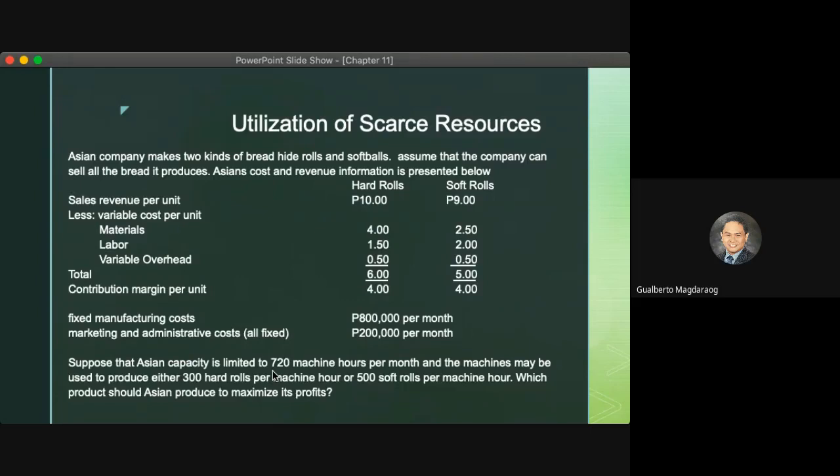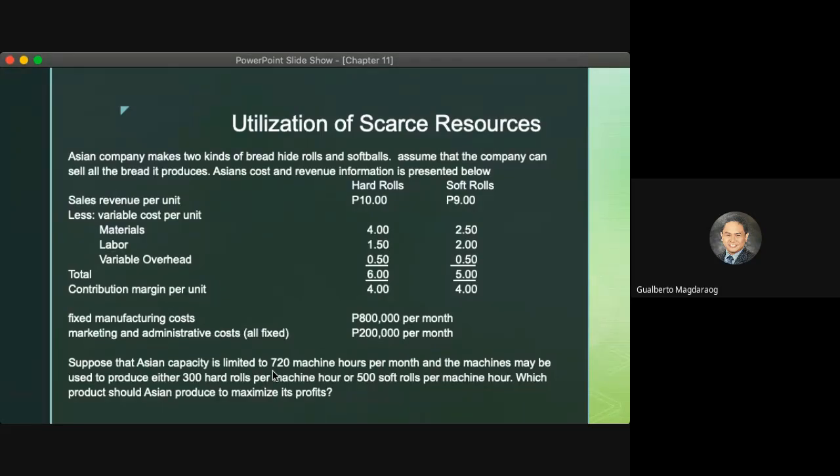Okay? So you will apply the total approach here. Computein mo na lang yung magiging total and you will have a total contribution margin of 864. If only hard rolls will be produced, you will have a total contribution margin of 864 and then maglo-loss ka ng 136.